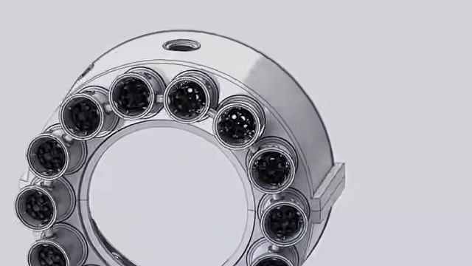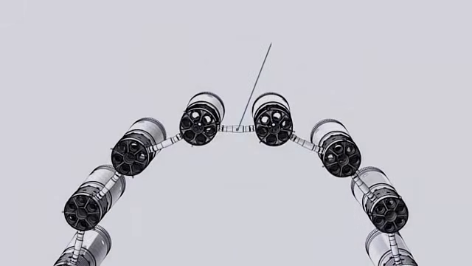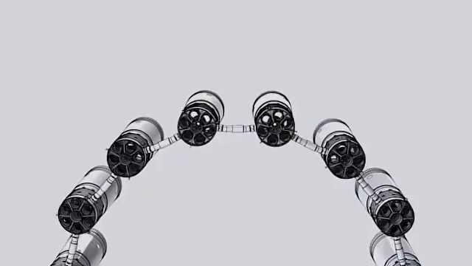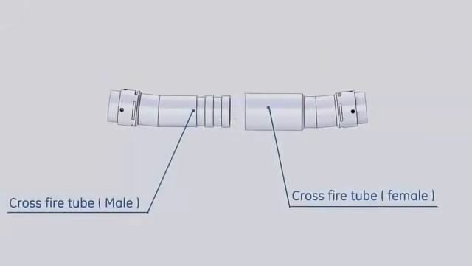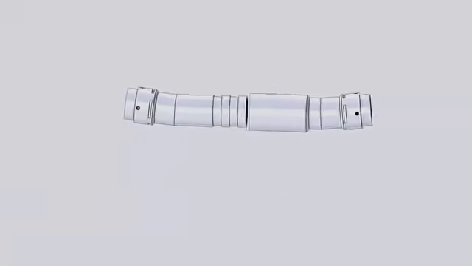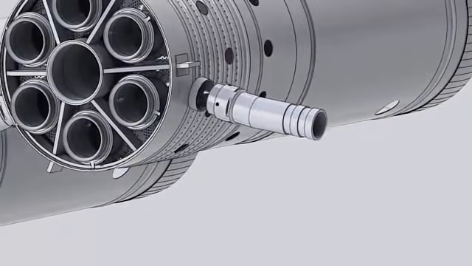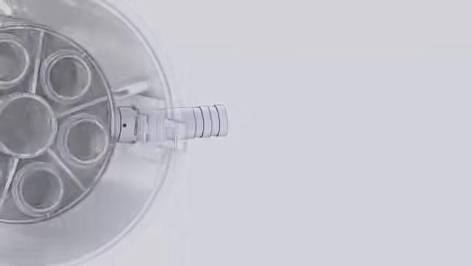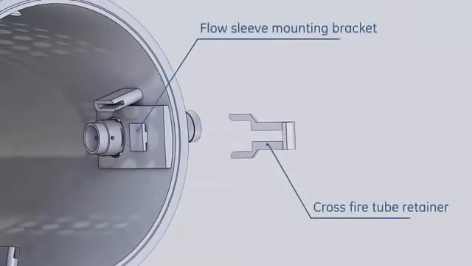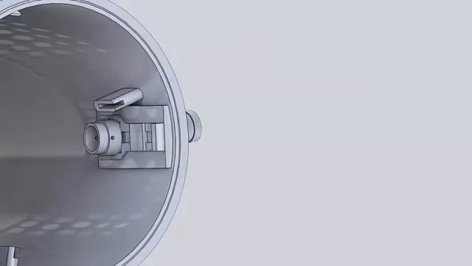All combustion chambers are interconnected by means of crossfire tubes. These tubes enable flame to propagate from one chamber to another. Crossfire tubes are couples of male and female parts. Each is inserted into the liner crossfire tube collar and held on position to the bracket on the flow sleeve by the crossfire tube retainer.